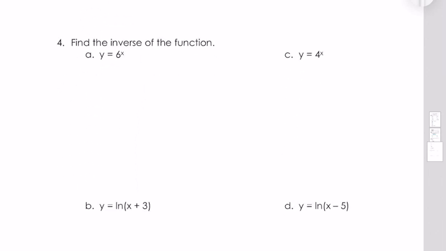Alright, find the inverse of the function. If you remember when we did inverses, what we did was we switched x and y and then solved for our new y. Well, we are going to do the exact same thing here. So x equals 6 to the power of y, and we're going to change this, since I know that the inverse is a logarithm.